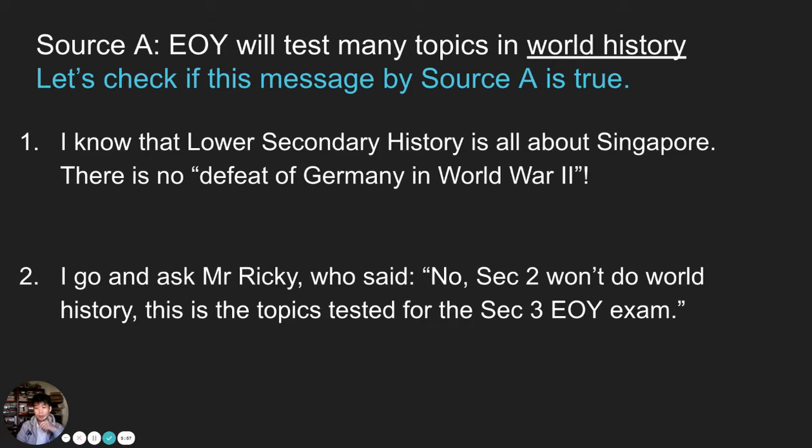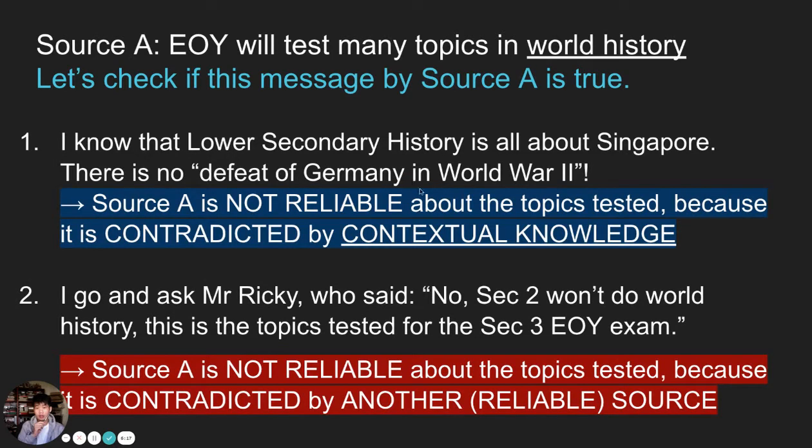So 1 and 2 are both what we would call a cross-reference. We are cross-referencing this message, the message from source A, that EOY has many topics in world history, against what? Against our contextual knowledge and against another source.